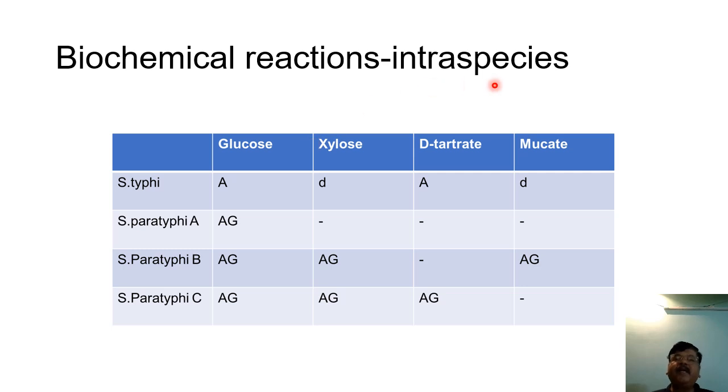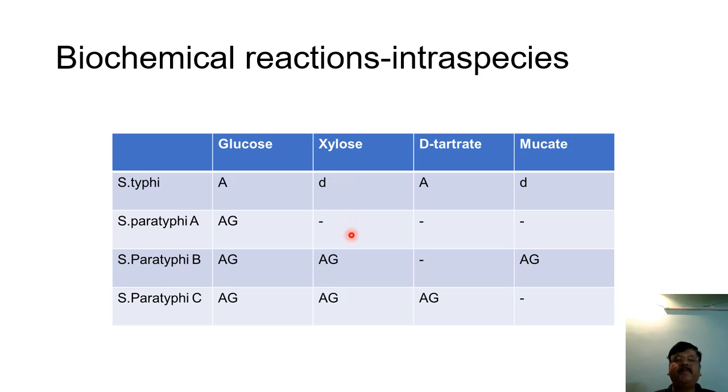Now again, further intra-species differentiation. The sugars which are used for differentiation are glucose, xylose, D-tartrate, and mucate. So you can see here, I told you glucose, Salmonella typhi produces only acid. Salmonella paratyphi A, B, and C produce acid as well as gas.